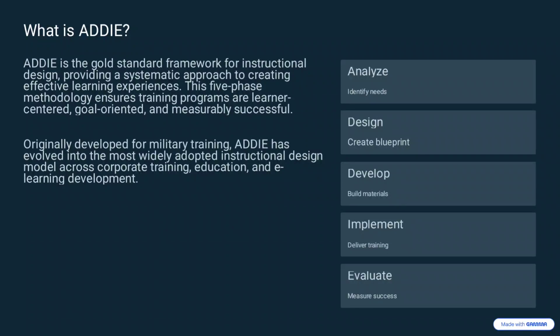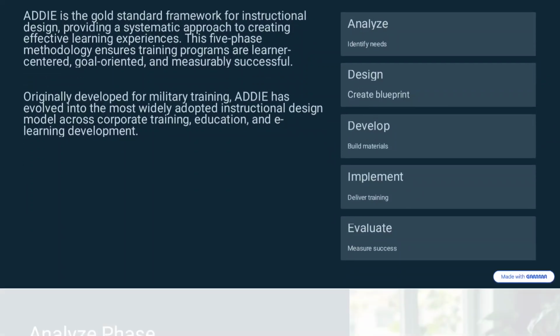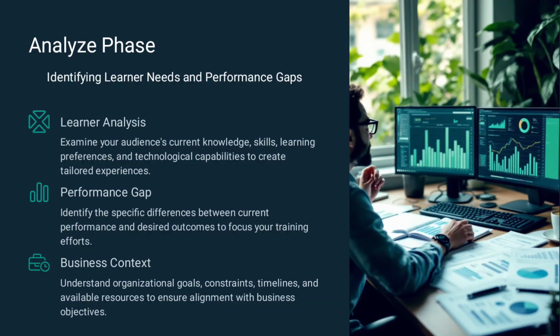The training program is measured and evaluated in this phase. So now here are the details of these five phases of the ADDIE model of instructional design.